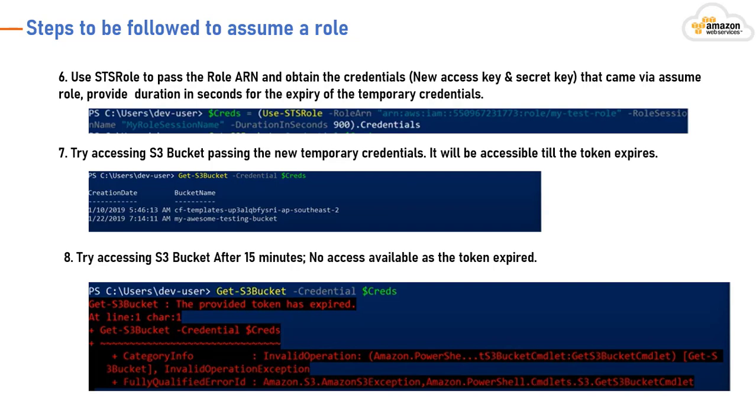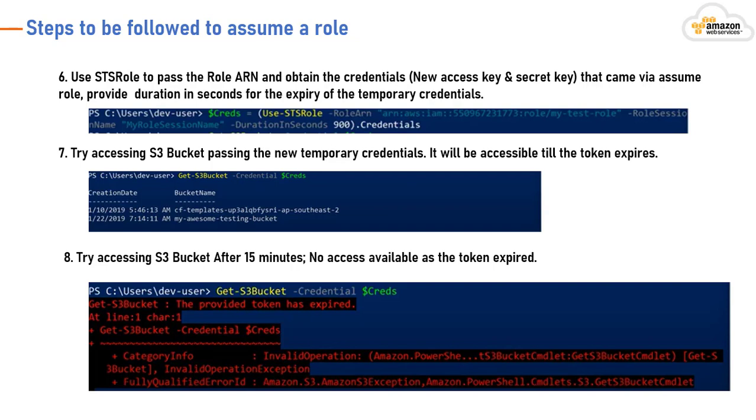And now we have provided duration seconds as 900. So that is around 15 minutes. So after 15 minutes, if you try to access the same bucket again, you will not be able to access, and it will give you an error that the token has expired. So this is how we assume a role for an existing IAM user.